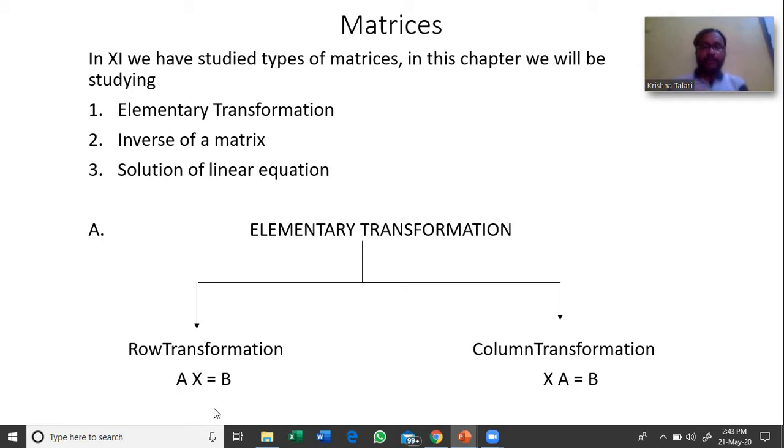That is, you have to write it first. Then in column transformation, the equation would be XA = B. If you observe, here your A is the post-multiplier. We have used it afterwards. So for row transformation, it will be Ax = B, and column transformation XA = B.